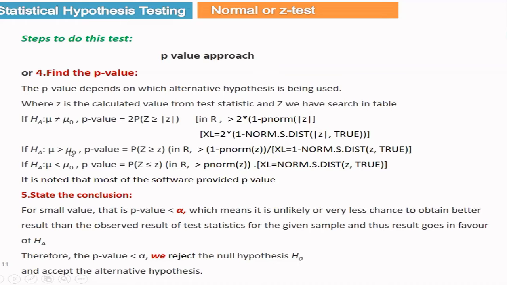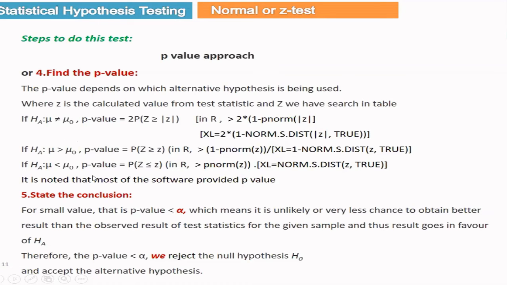If it is a one tail test, a greater than right tail test, the p-value will be the probability that Z is greater than the positive value of z that we got. In R we can find it like that, 1 minus pnorm. In Excel, it is 1 minus NORM.S.DIST of the value of z, with true.